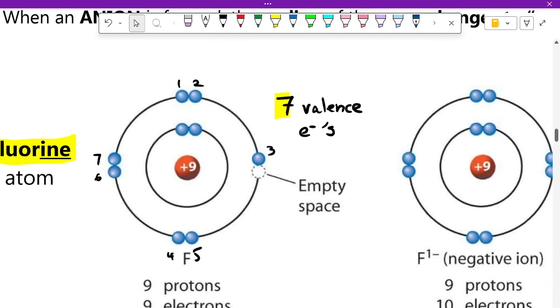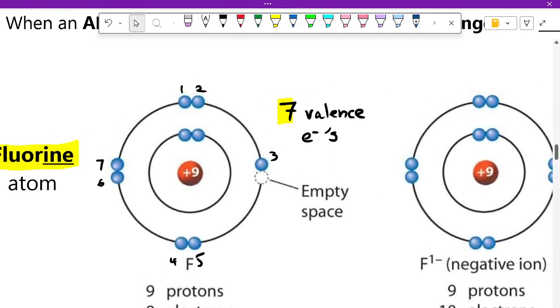That's 7 electrons on the outer shell. How many electrons does nature want fluorine to have on its outer shell? It wants it to have 8. So what does it have to do?